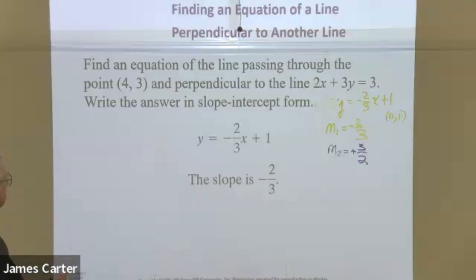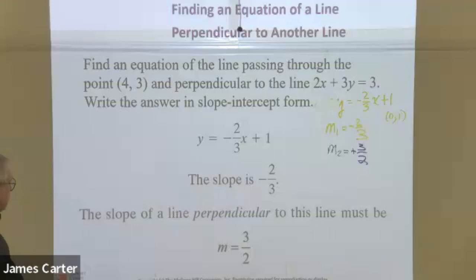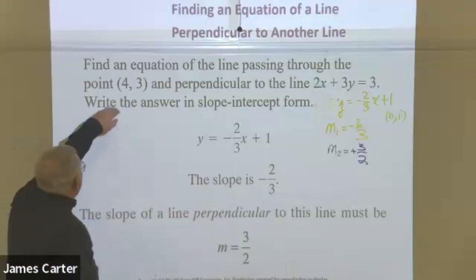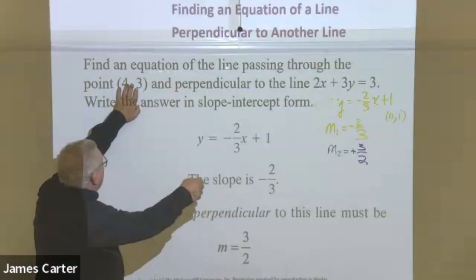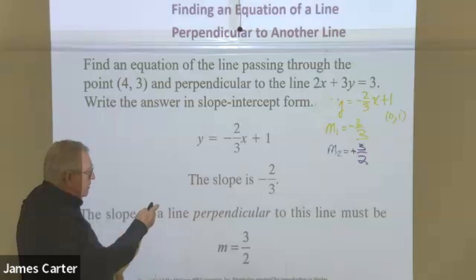Now, here's my perpendicular slope. Now what I'm ready to do is take this perpendicular slope and this point and use the point slope formula to find the new line.